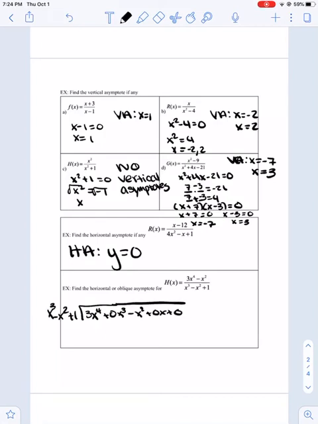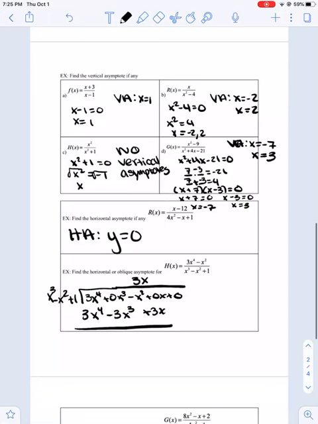I'm just going to add those in. Okay, so I know I'm going to need to multiply by 3x to get that 3x to the 4th, and then minus 3x cubed, and then plus 3x.